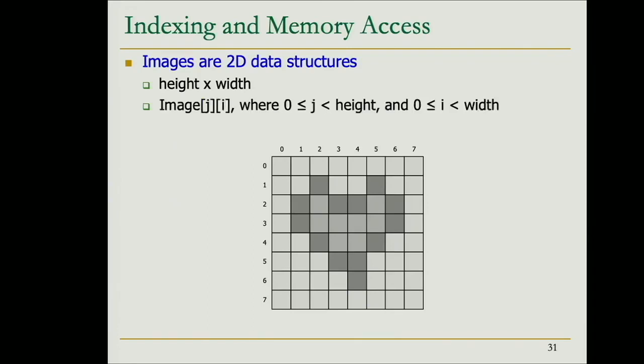When we want to refer to any of these pixels, as it is a two-dimensional data organization, we write image[j][i], with j the row and i the column. For example, this one here is image[2][1], or this one is image[0][1], and this one is image[1][2]. But how is this image mapped onto memory?